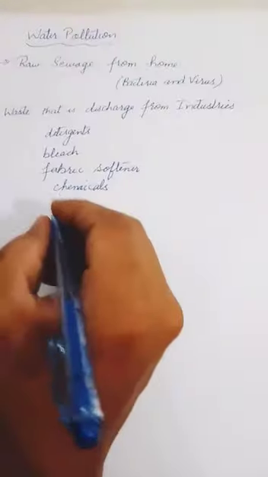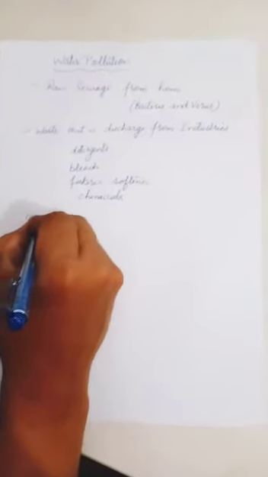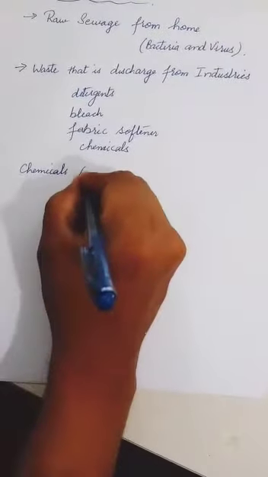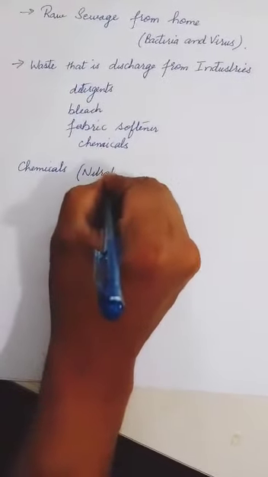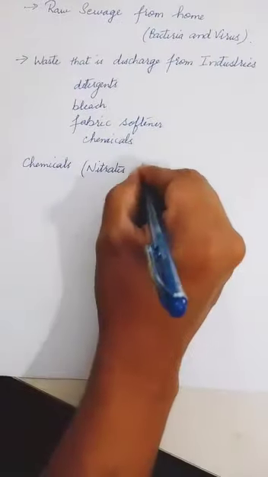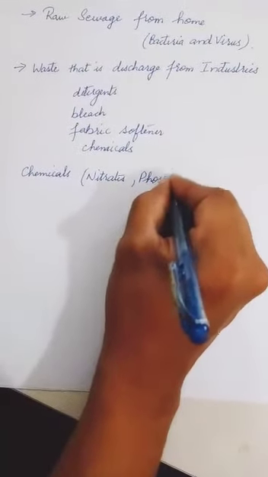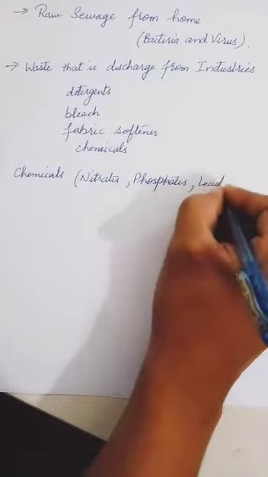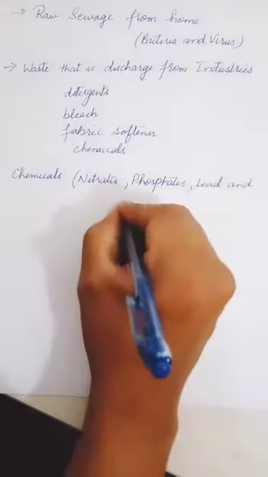So there are certain chemicals in industrial waste which are nitrates, phosphates, lead, and mercury.